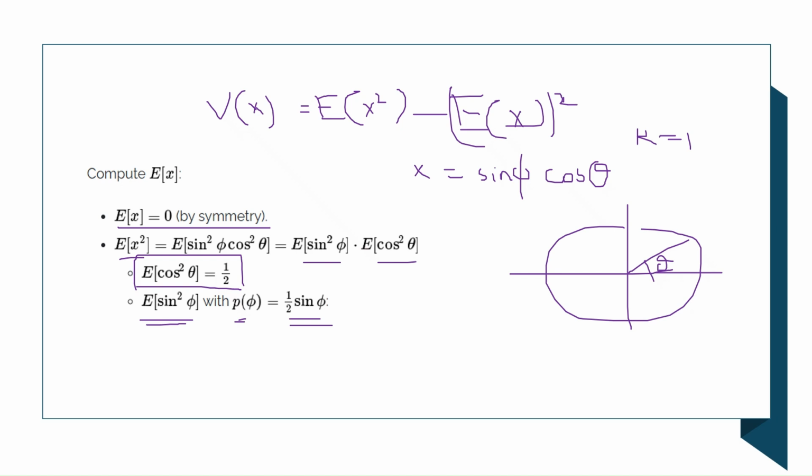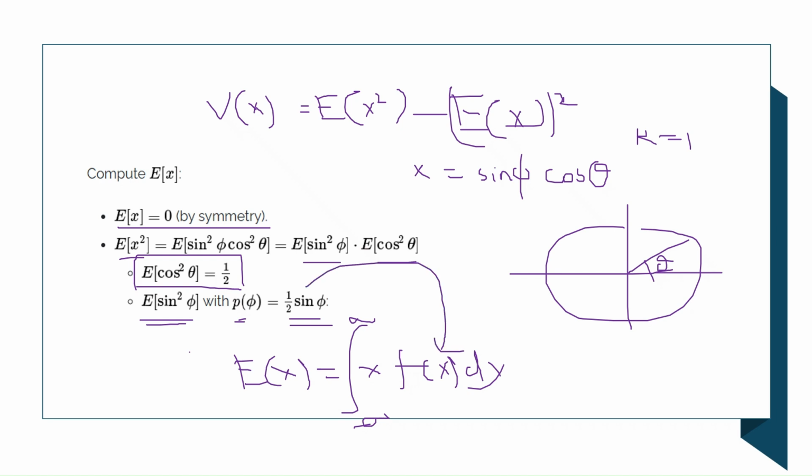So now we can use the formula for expected value: the expected value of x is x f of x times dx integrated from minus infinity to infinity. So we have to calculate the expected value of sine squared phi. The probability density function goes here, the function goes here, and then we'll integrate it within the range which we have here.